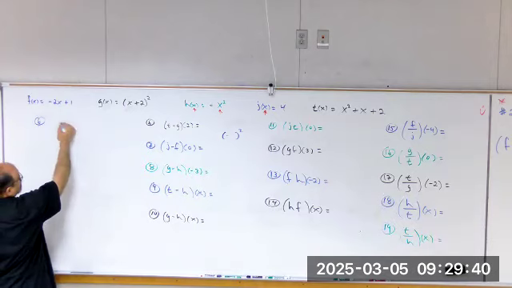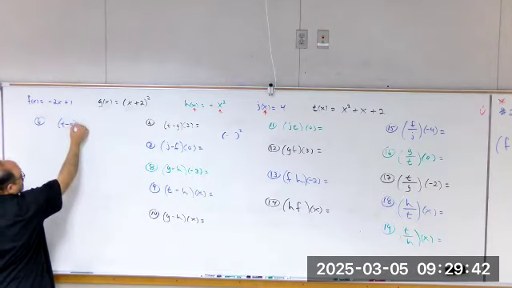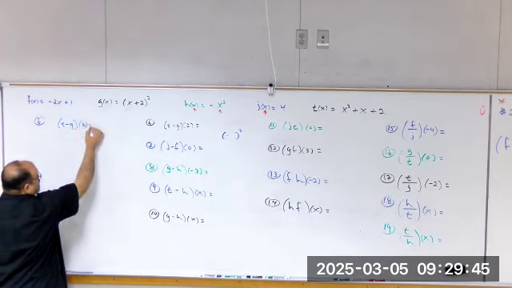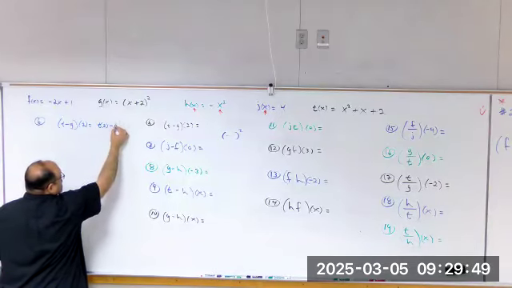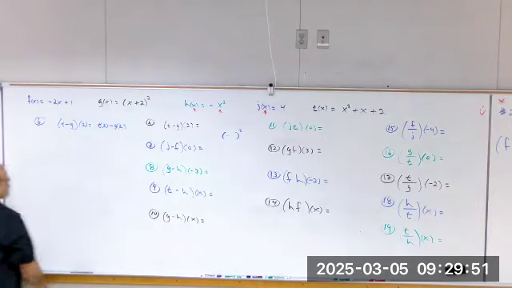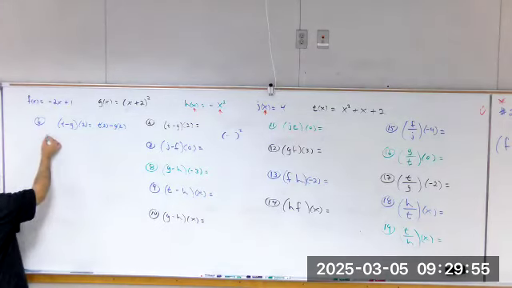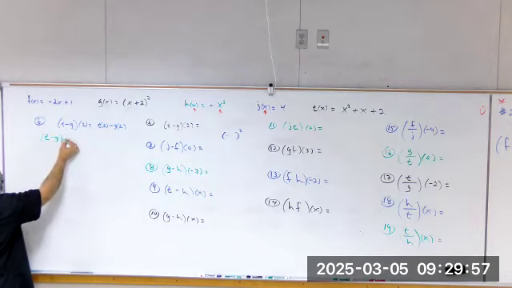T minus g of 2. So that's going to be t of 2 minus g of 2. That's the rewrite.